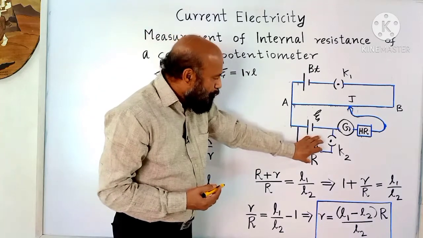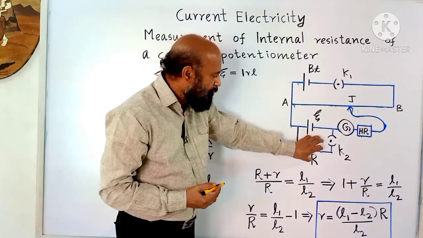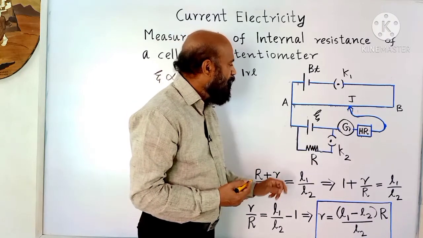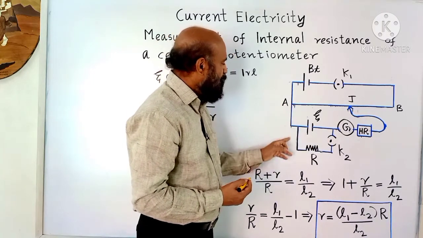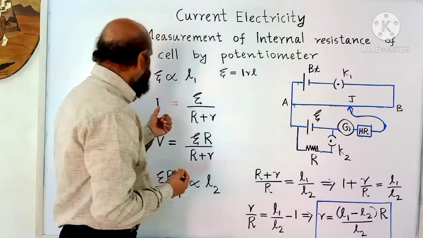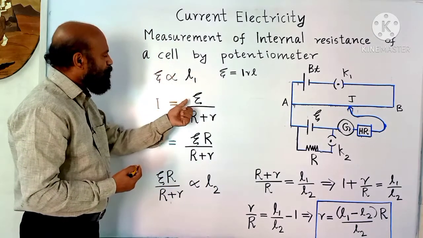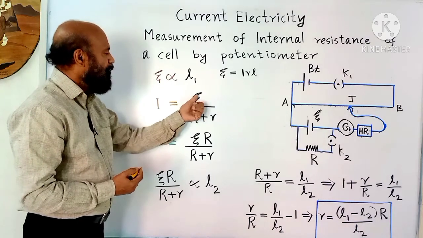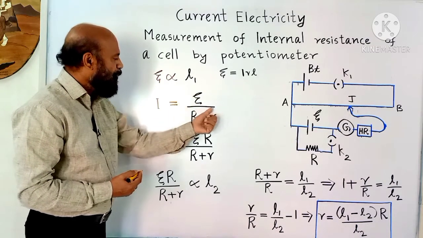Now you introduce some resistance in this box and close this key. There will be a current. That current is given by this relation. Current is equal to potential difference, that is EMF of the cell, psi, divided by total resistance.